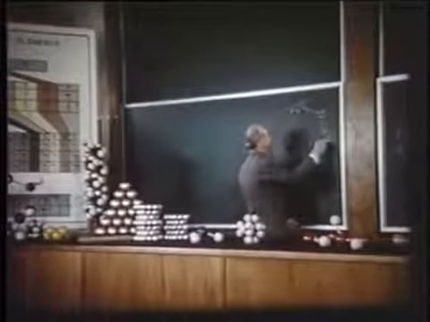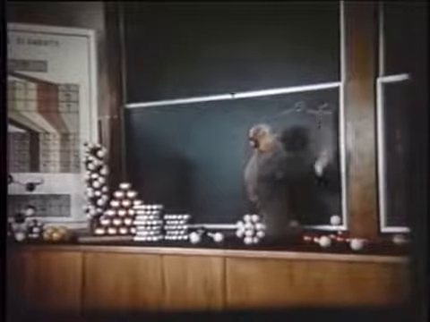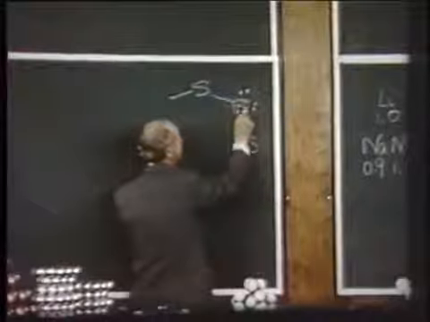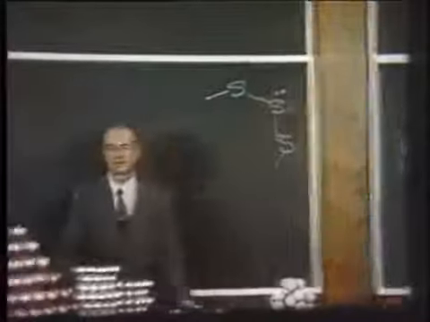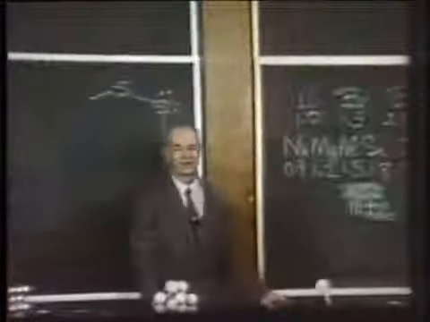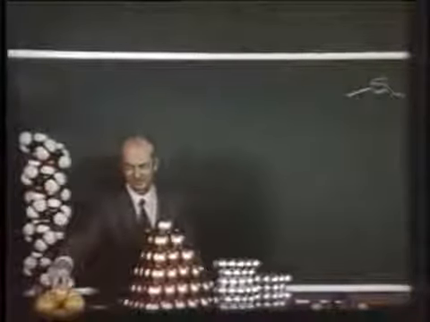I shan't draw the whole ring. We have each sulfur atom forming two bonds and having two electron pairs. These are the four orbitals that correspond to the argon shell. Sulfur has completed its argon structure in forming a molecule of this sort.